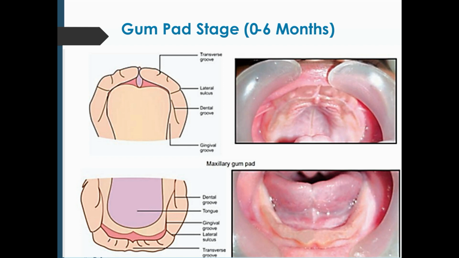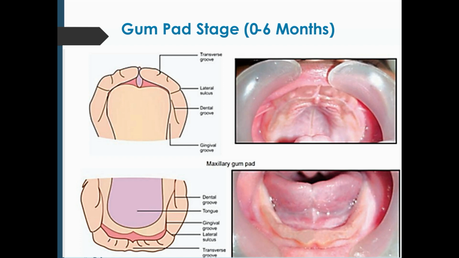Usually, the lower central incisors erupt at around 6 months of age. The gum pads are pink in color and firm in consistency. The maxillary gum pad is horseshoe-shaped and the mandibular gum pad is U-shaped. The gum pads develop in two portions, labial/buccal and lingual, which are separated by the dental groove.